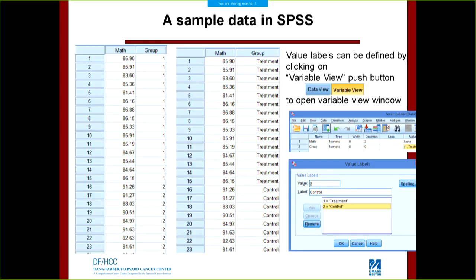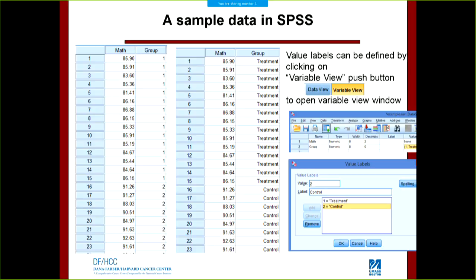So here is the data in SPSS. I'm going to talk a little bit about how to use SPSS. The good feature of SPSS is that we can import categorical data in a numerical format, as numerical variables.